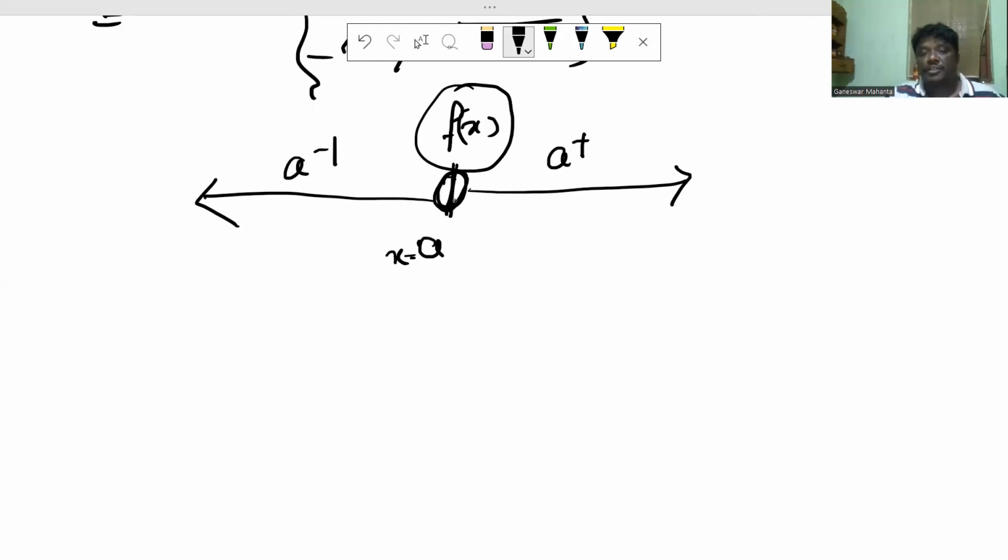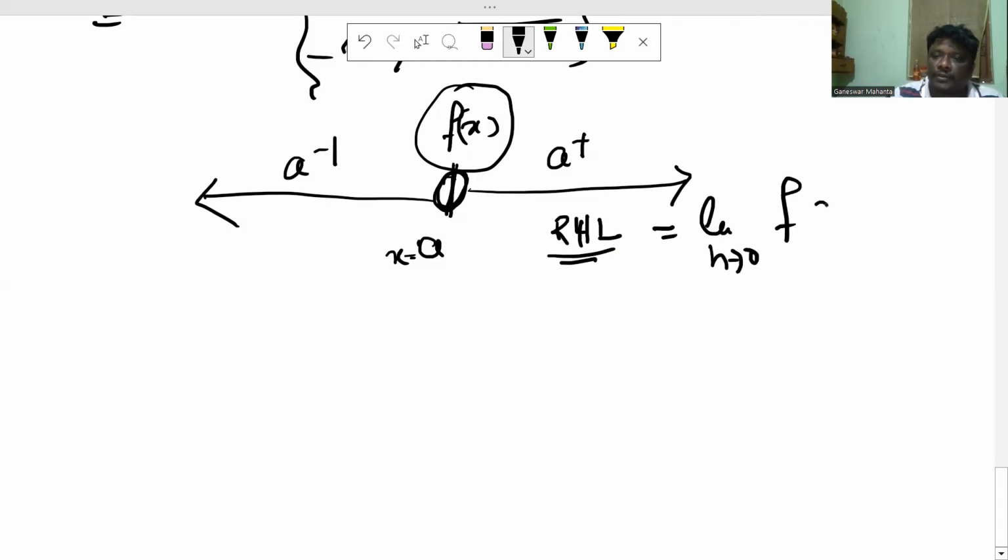When you check the continuity, this is the right hand limit. How to evaluate this value? The limit as h tends to 0 of f of a plus h. This is the function given to you, and a plus h is your right side value.